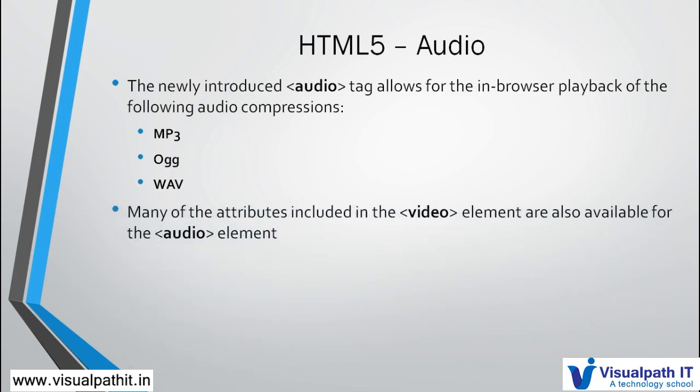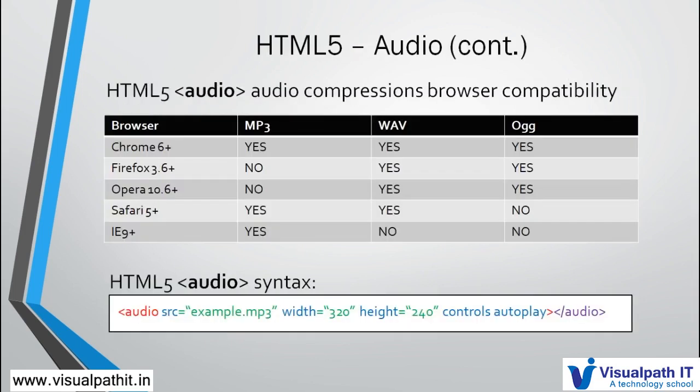Many of the attributes included in the video elements are also available for the audio elements. Next, if you see the HTML5 audio compression browser compatibility, in the table you can see the MP3, WAV, and OGG for Chrome, Firefox, Opera, Safari, and IE9 plus.